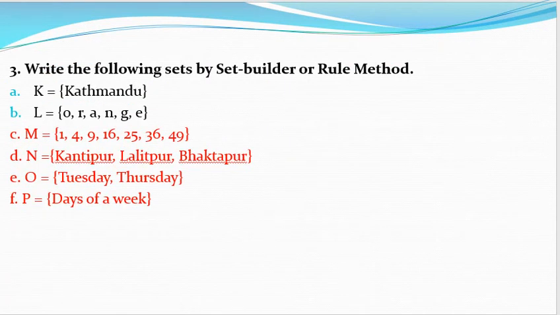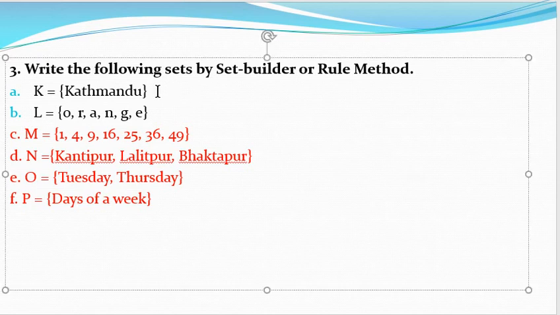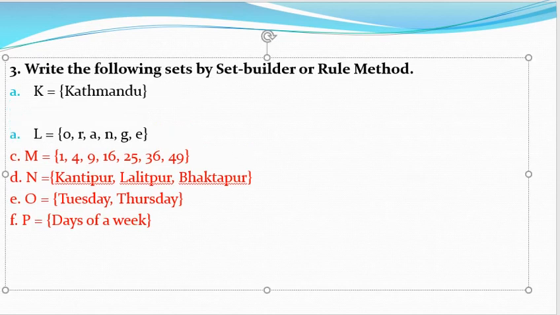If you go to question number 3, you can see: write the following set by using the set builder method or rule method. Rule method means we have to write x such that, no? That is the rule in describing the set with the help of the set builder method. So how will you describe? K equals Kathmandu is given.